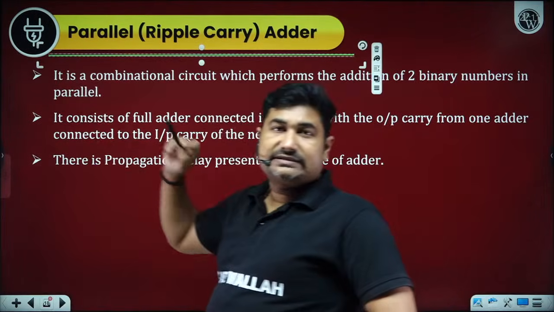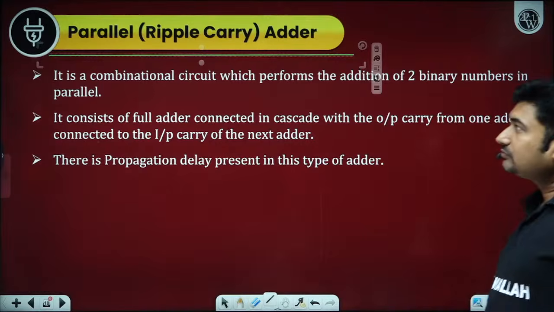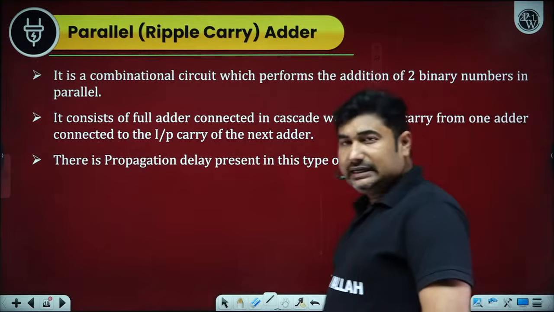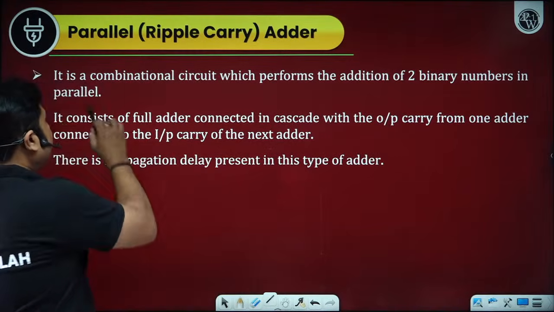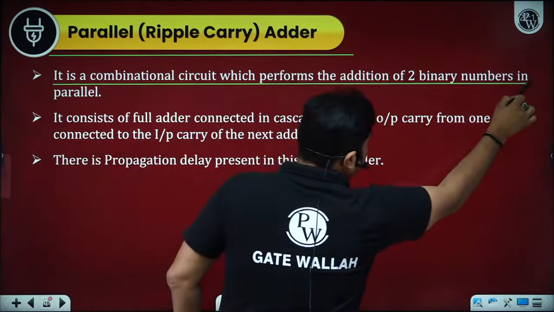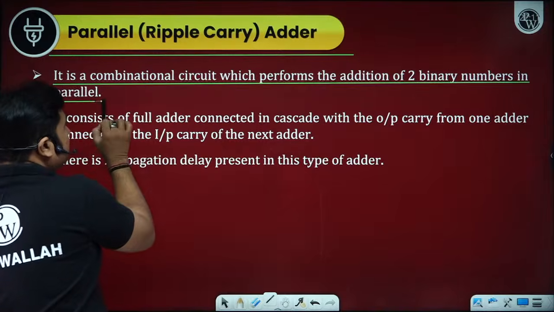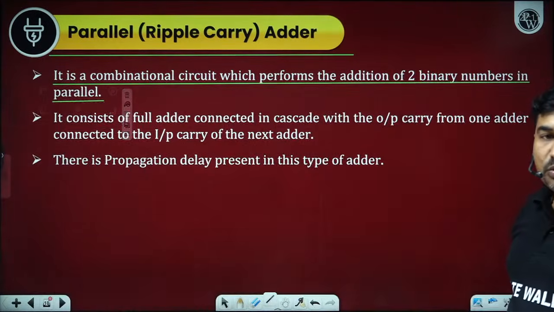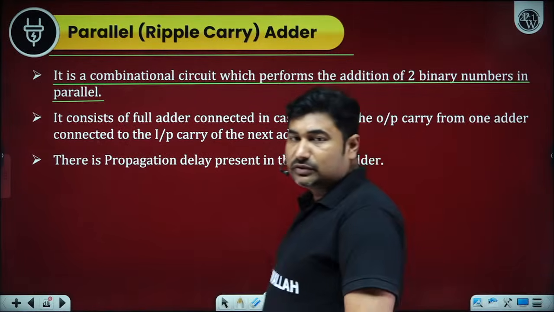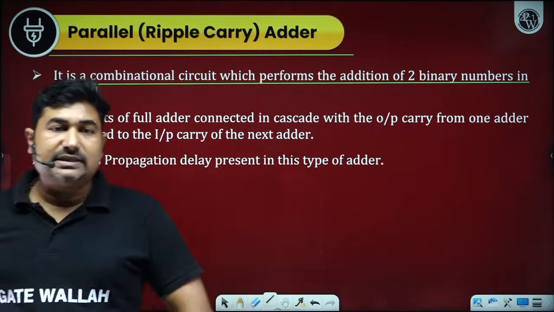Let's try to understand the parallel adder first. A parallel adder is a combinational circuit which performs addition of two binary numbers in parallel.